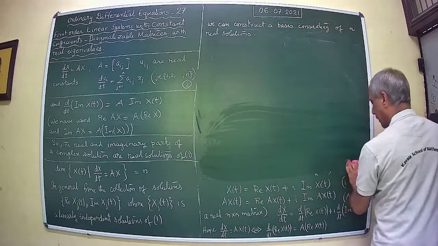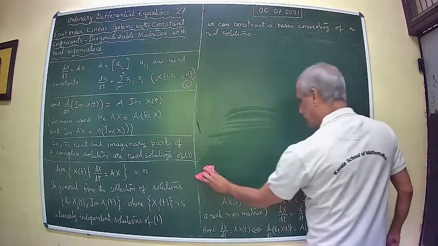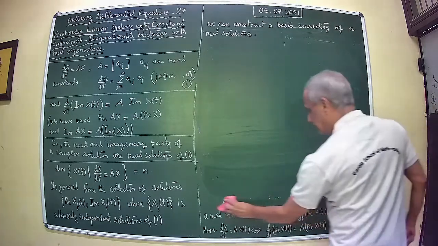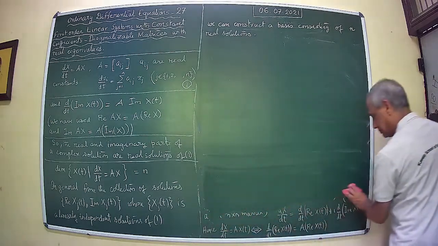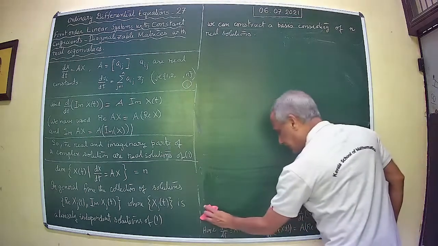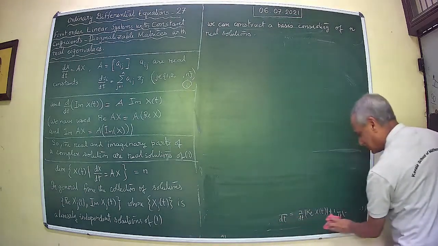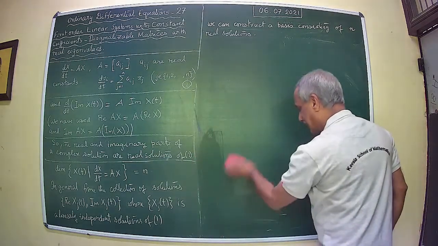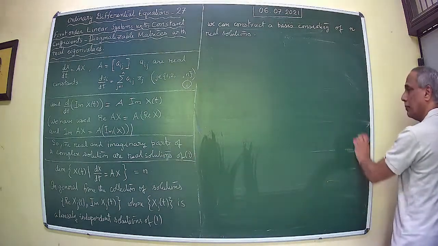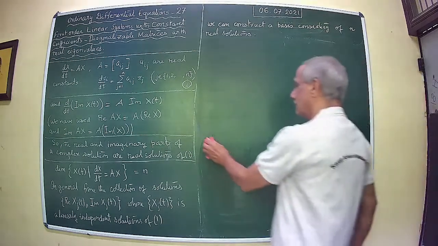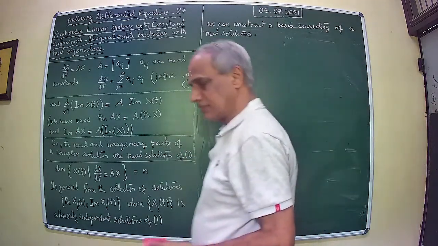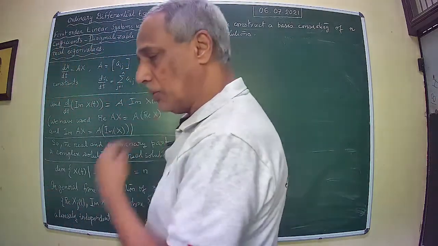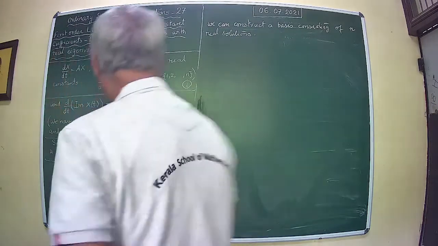All this happens assuming this A is real, otherwise it may not work. In fact, it doesn't work. Otherwise you cannot write these things like real and imaginary parts are solutions, etc.